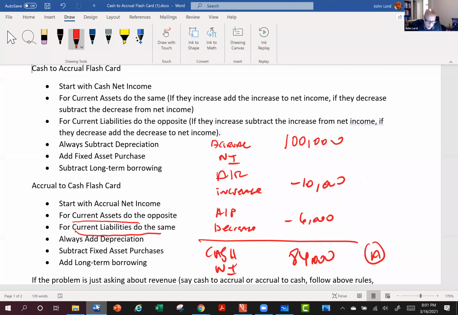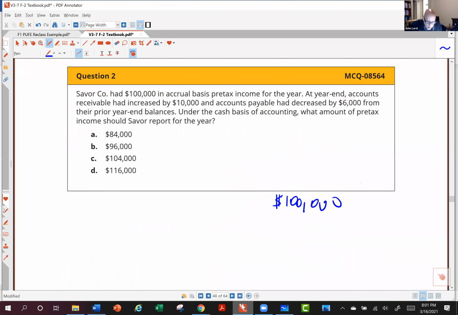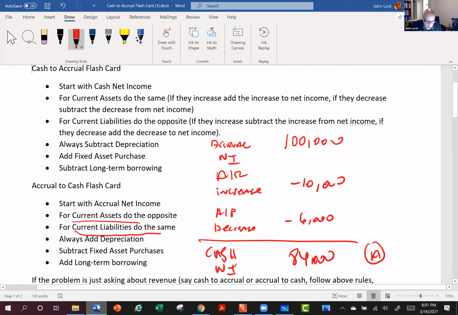Then the flashcard says that for a current asset, do the opposite. They tell me in that question that accounts receivable had increased. So since accounts receivable was a current asset, I do the opposite. I subtract it. And then the flashcard says for a current liability, you do what? Do the same.